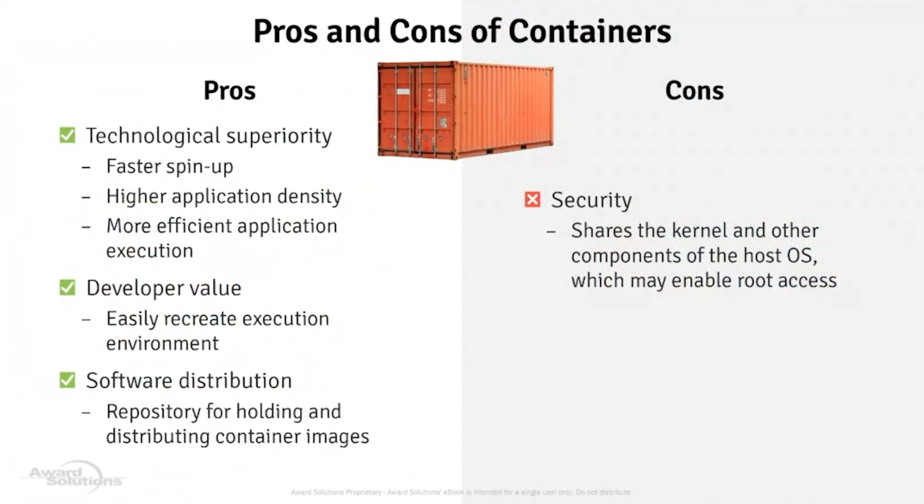So let's talk about this one. We'll use this as our concluding kind of discussion. Pros and cons. And I could ask you your opinion at this point. Pros, containers are technologically superior. They do have a faster spin up. They have higher application density on a server, more efficient from an application execution environment. They're easier to recreate.